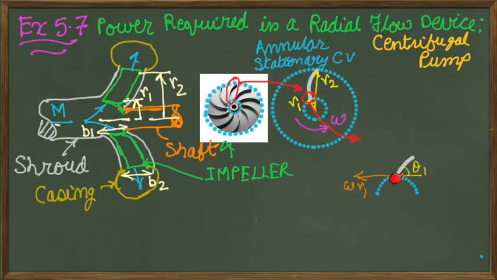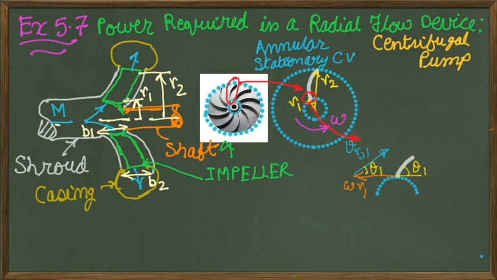So the angle at which the relative velocity is at the inlet is theta 1. To draw the velocity triangle, after omega r1, consider vr1 as the relative velocity. For an efficient operation, it is entering tangent to the blade, so that there is no flow separation and no energy loss. So the relative velocity is entering at an angle of theta 1.